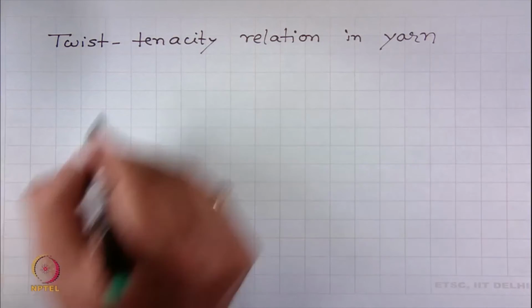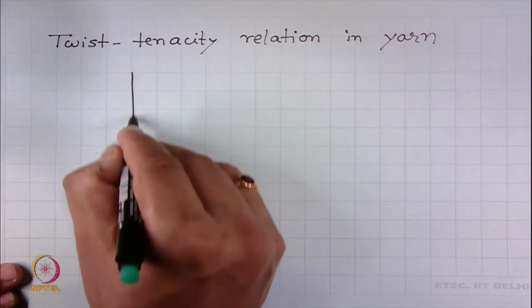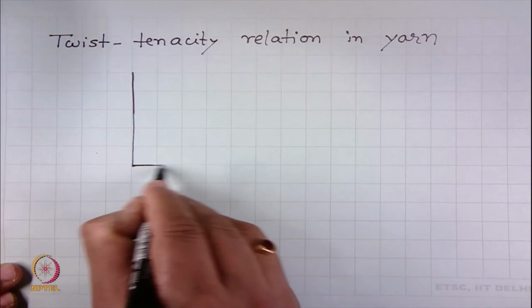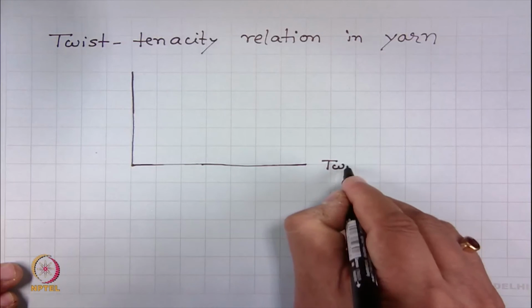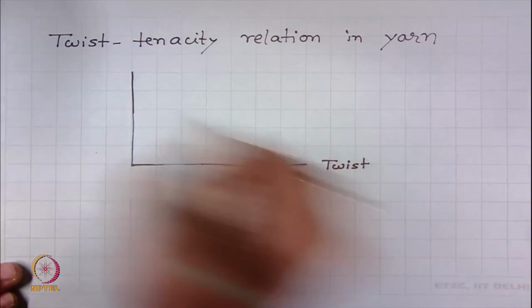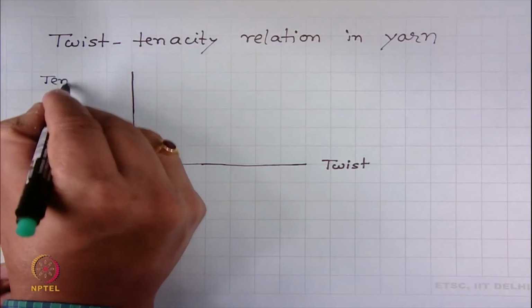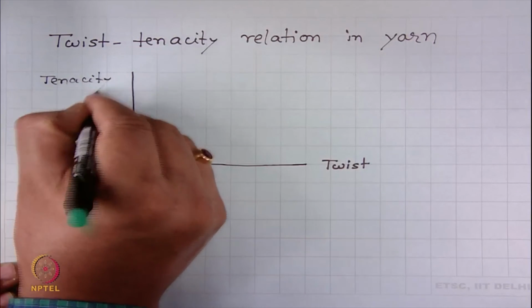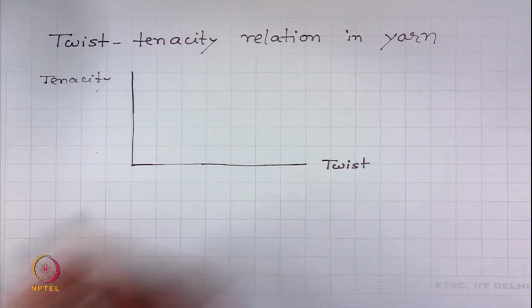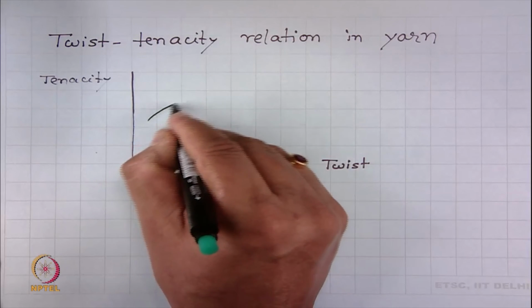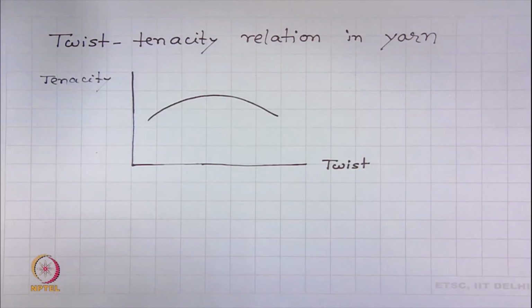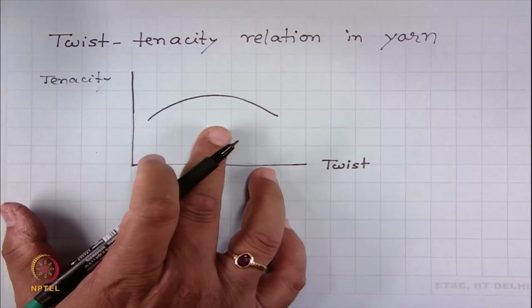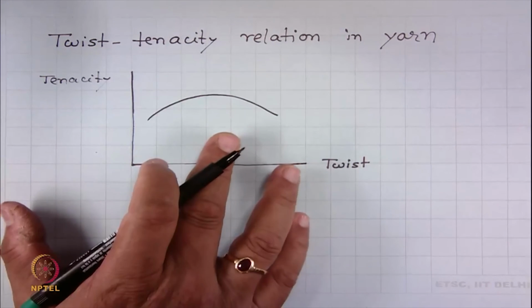As it is well known that it increases and then decreases. This particular curve is the result of two influences.